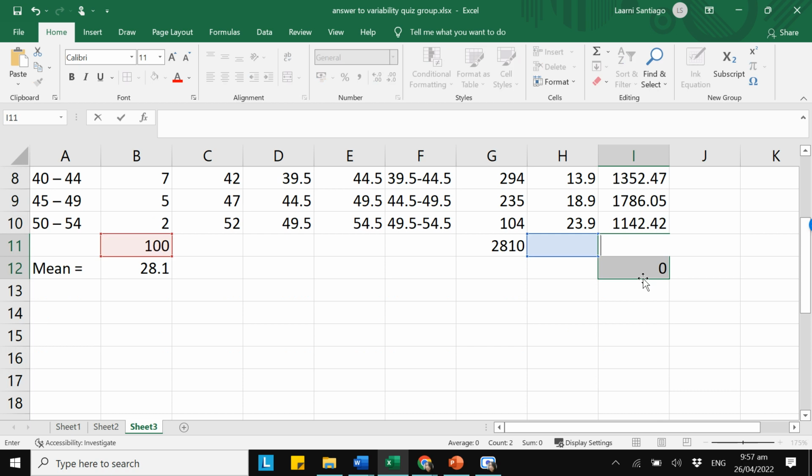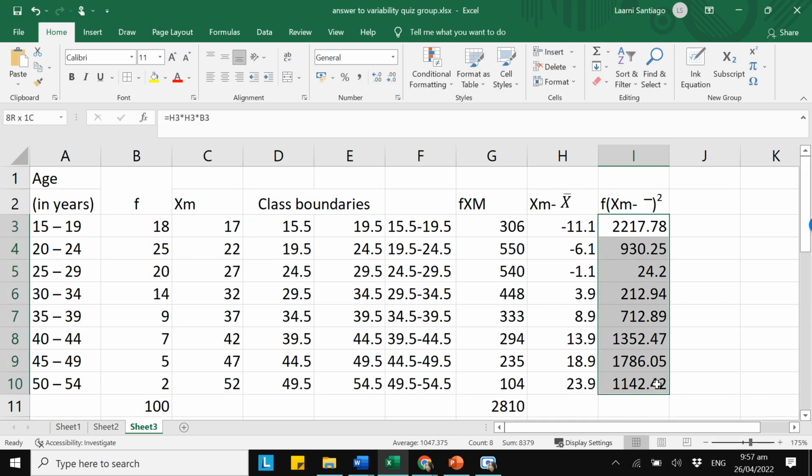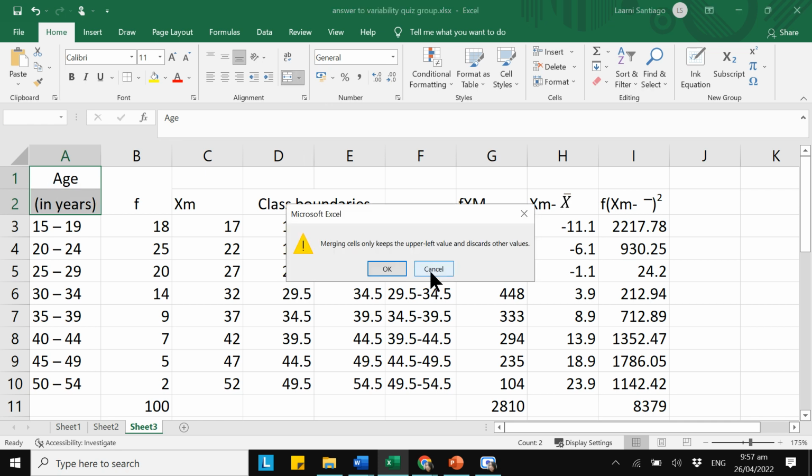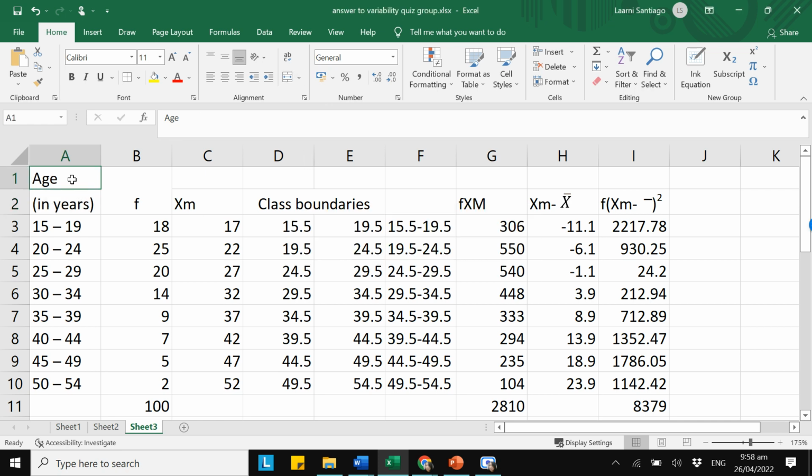And then this one will be the sum of all of this. Okay. Yan. Okay. So you have now this Excel sheet or this table available.